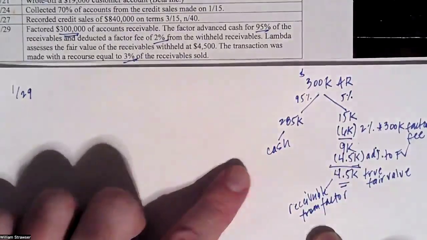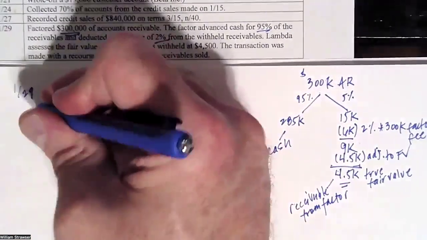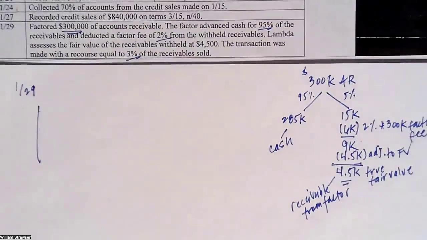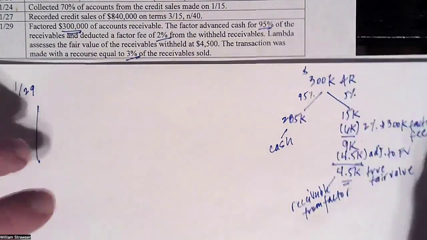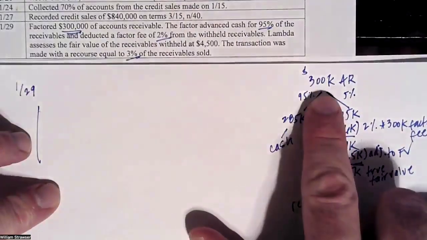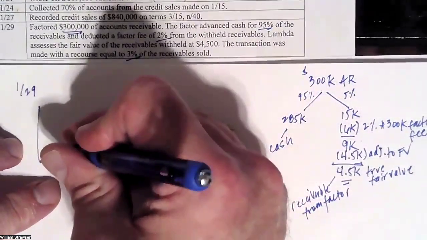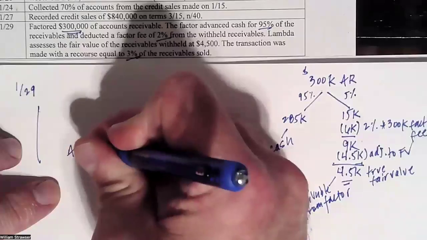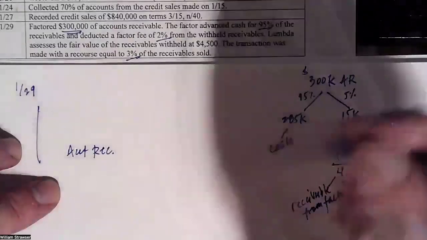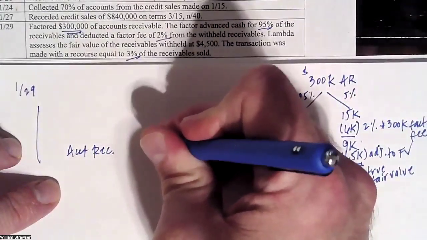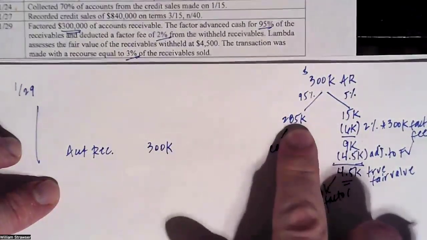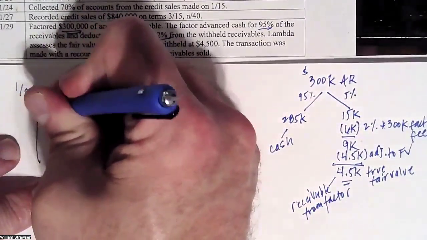So I'm going to start laying out the journal entry with this breakdown of the information over on the margin. I sold receivables. That means we're going to credit those because we no longer retain ownership of them. We should remove them as assets on our balance sheet. And I received cash, 285,000.